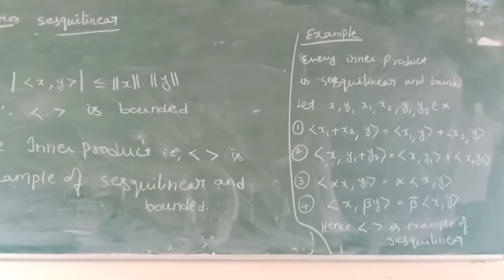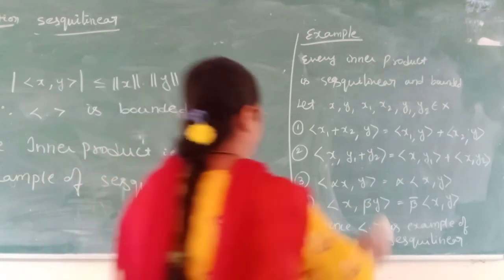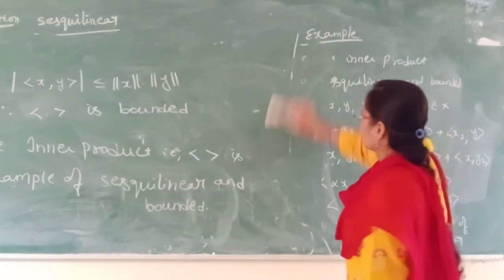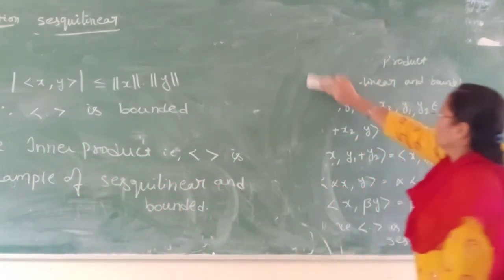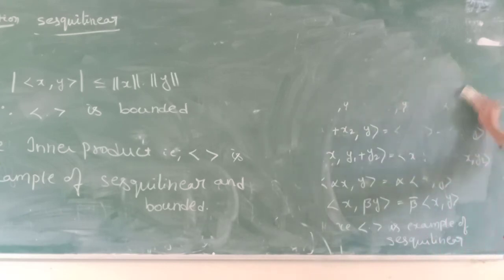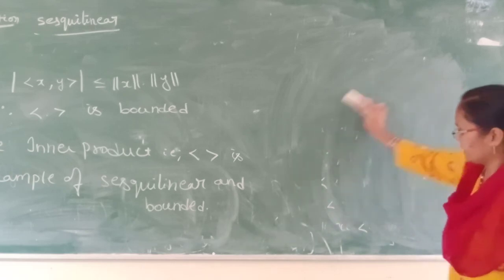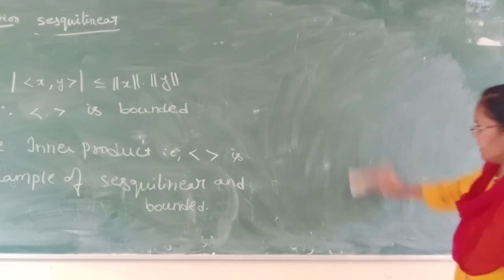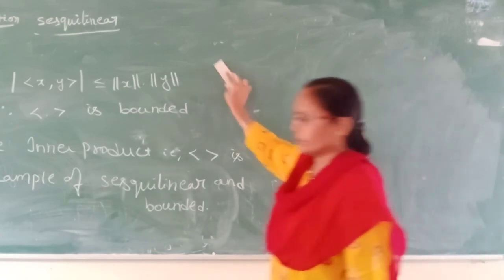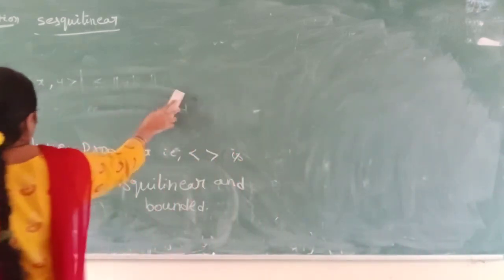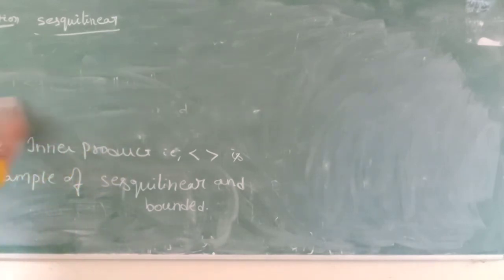So the definitions are clear. Next I would like to explain our next definition, the norm of a sesquilinear functional. You already know the norm of a linear operator, the norm of a linear functional. Same thing. In this norm you have two formulas.